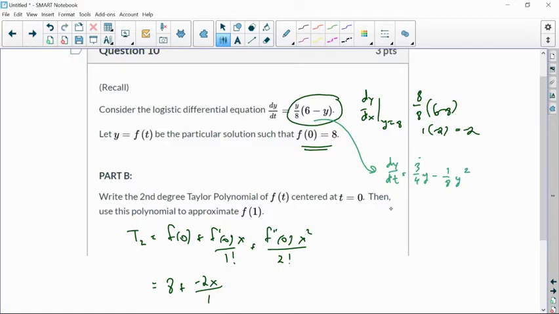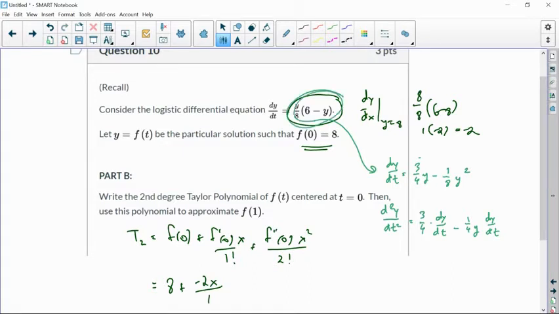Then when I take the second derivative of y with respect to t twice, I can take the derivative of 3/4 y, but then immediately multiply by dy dt. Minus, and then this becomes 1/4 y, but then immediately multiply again by dy dt. And then remember, dy dt was our expression up here.